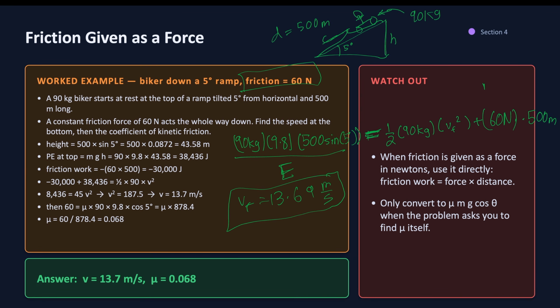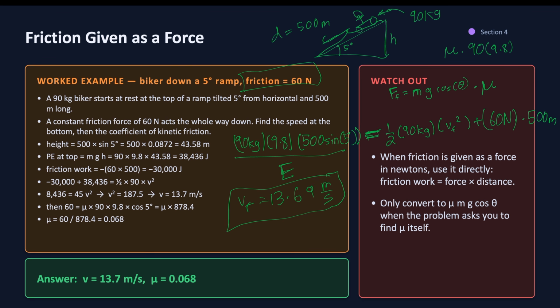Okay. And what if you needed to find mu? Well, we know the force of friction here is mg cosine theta times mu, right? So mu times mg cosine theta. Mass is 90. Acceleration due to gravity is 9.8, because gravity is not a quantity we can measure, right?